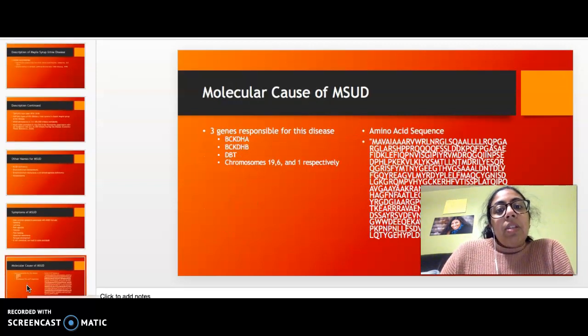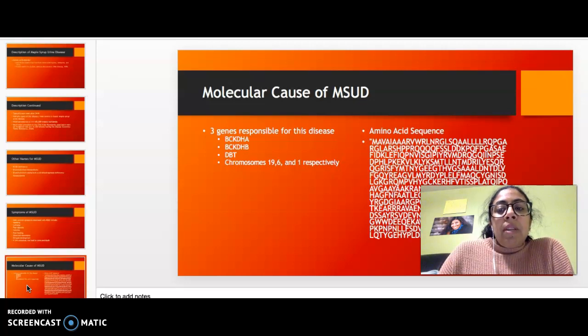Okay, so the molecular cause of MSUD is basically due to 3 different genes. The genes are BCKDHA, BCKDHB, which stands for branched chain ketoacid dehydrogenase A, dehydrogenase B, and DBT.